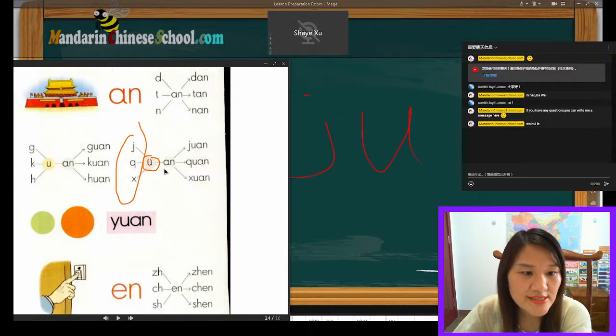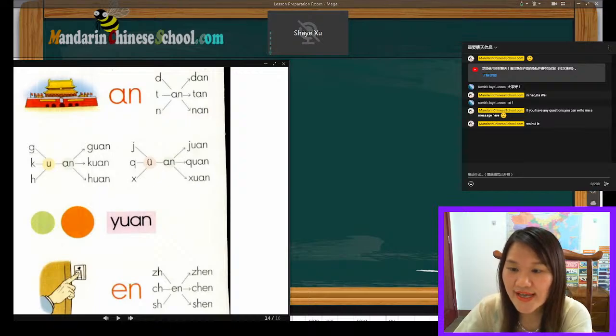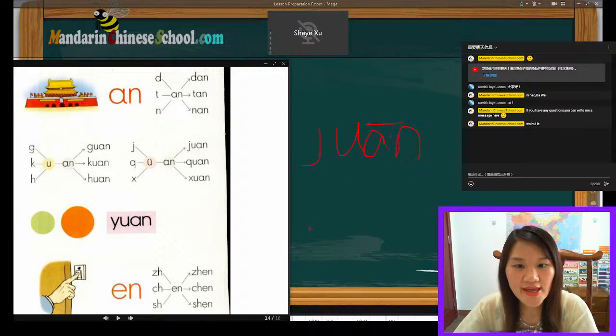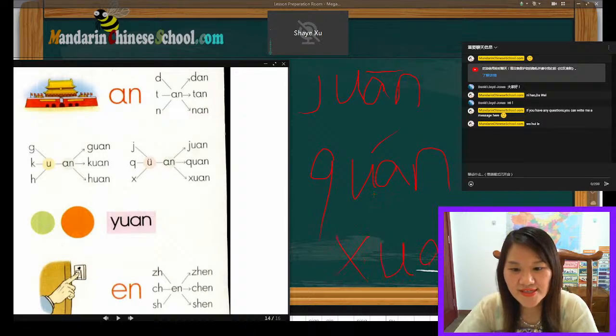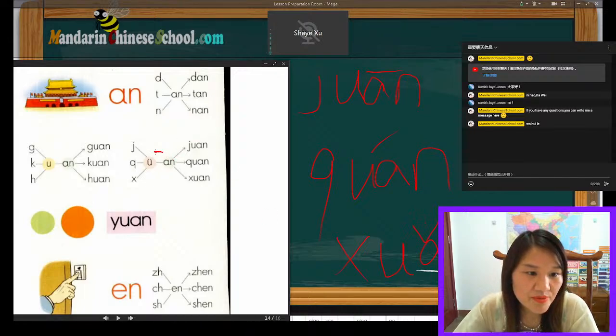The first one is 机缘捐，捐。Can you say 捐？捐。The second one, 七元泉，泉。The third one, 西元，西元选。Because this one we pronounce 渊 sound.